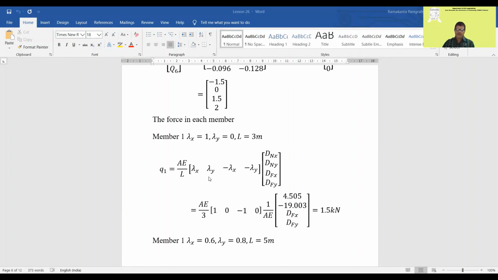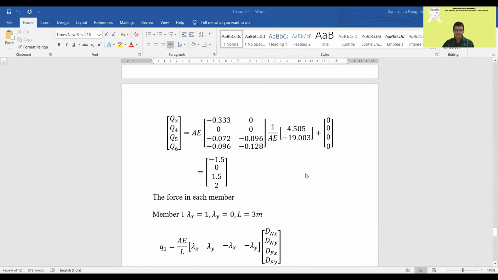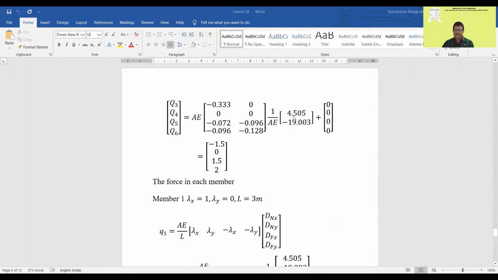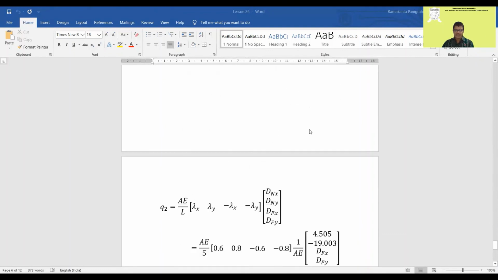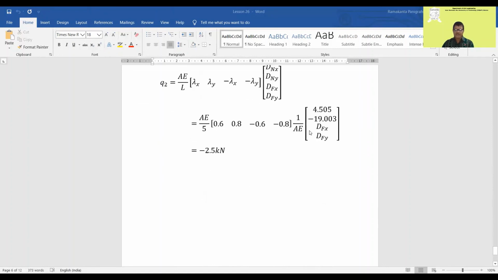Lambda y is 0, lambda x is 1. Then put the displacement values dnx, dny, dfx, dfy, like 4.505 and 19.03 that we found. Similarly, you can find the member forces.